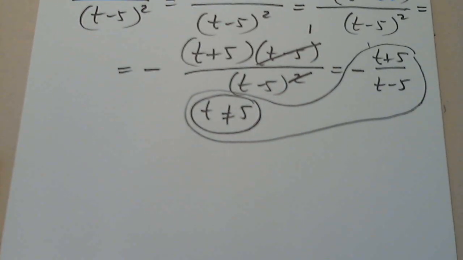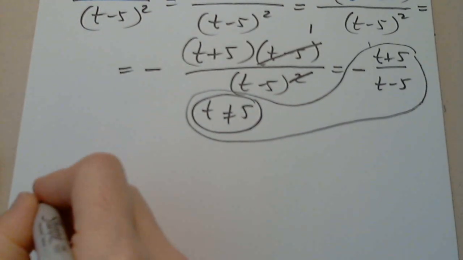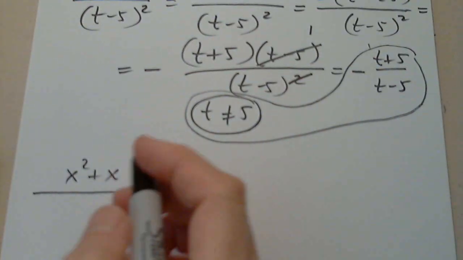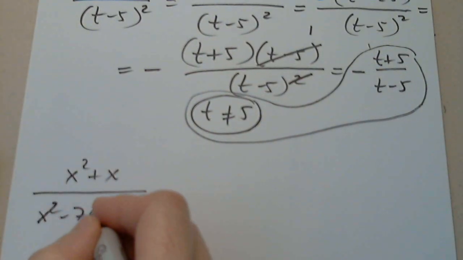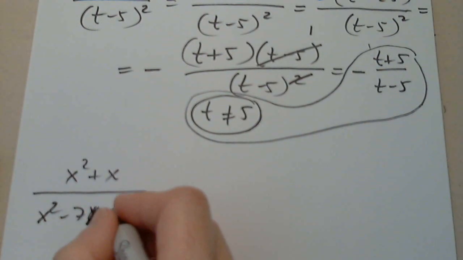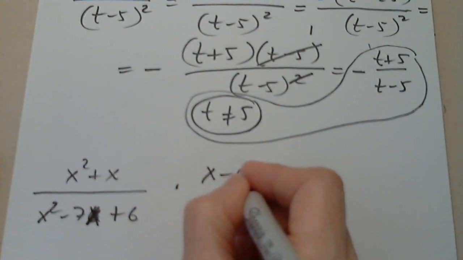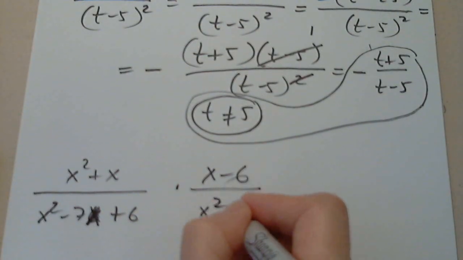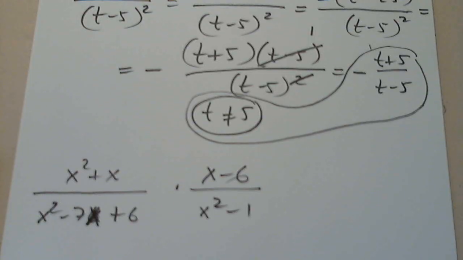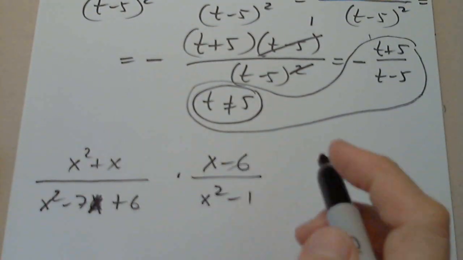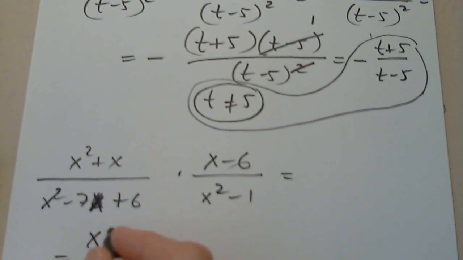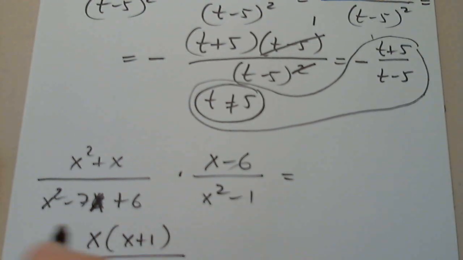We had a similar problem. I tried to cover all my bases. Plus 6 times x minus 6 over x squared minus 1. Very good. I start from the very first polynomial, and I see that it has x in common. I have to pull out the greatest common factor.